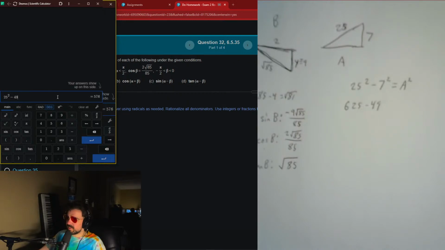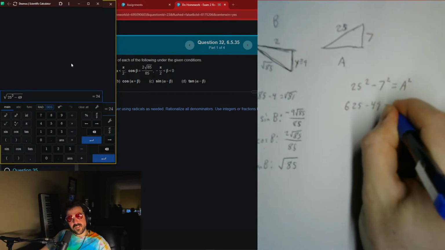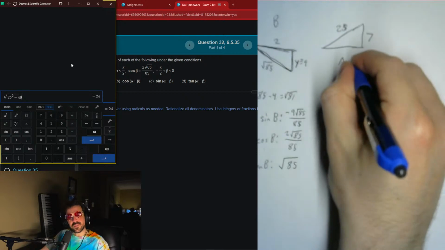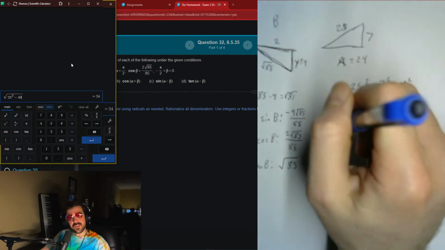That looks pretty even. 24. So A equals 24, or x equals 24.